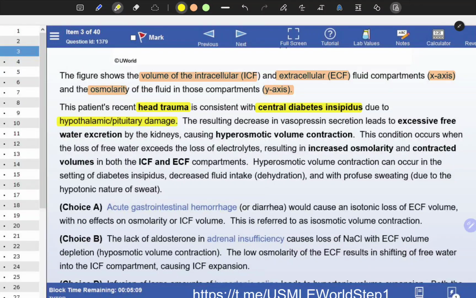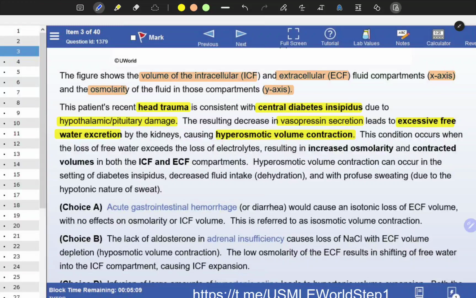The resulting decrease in vasopressin secretion leads to excessive free water excretion by the kidneys. As the pituitary or hypothalamus is damaged, vasopressin secretion decreases, so free water excretion increases, causing hyperosmotic volume contraction.